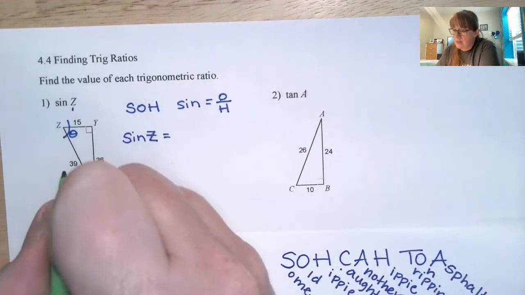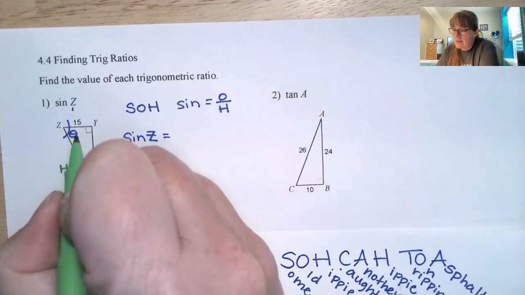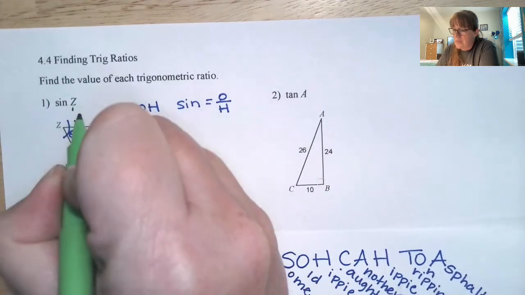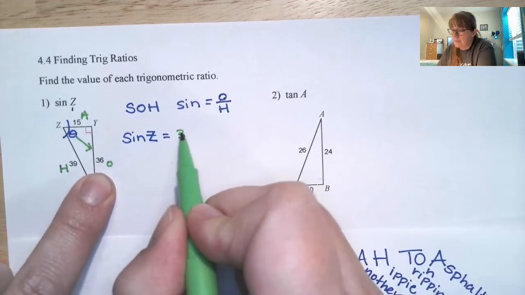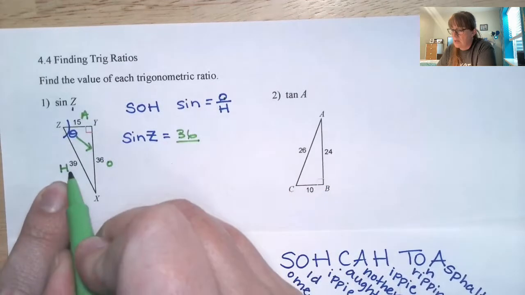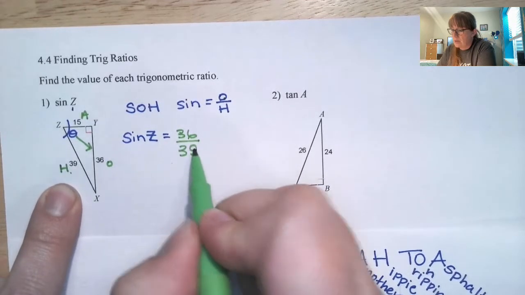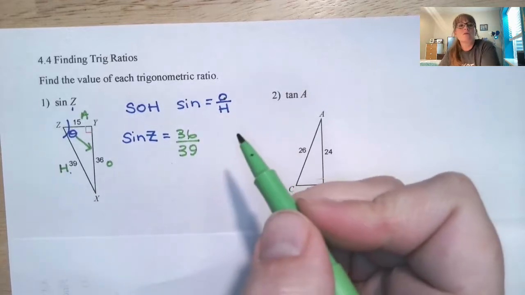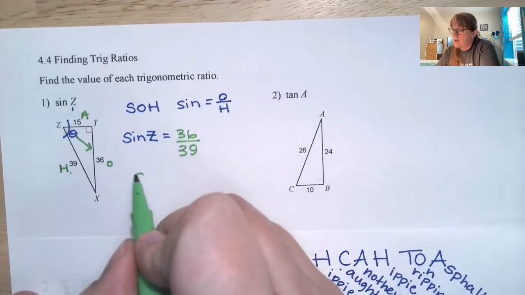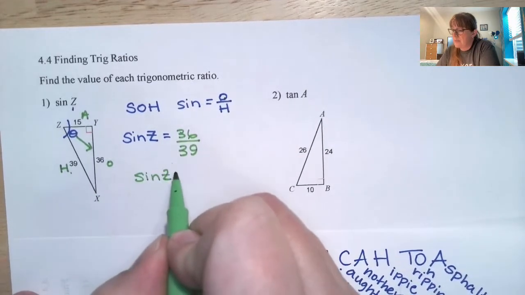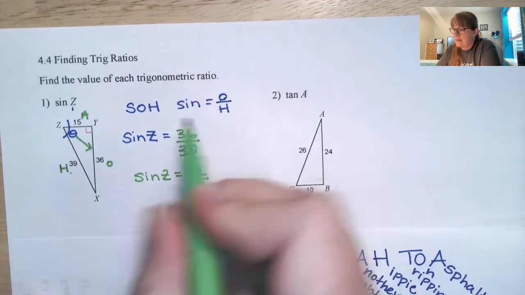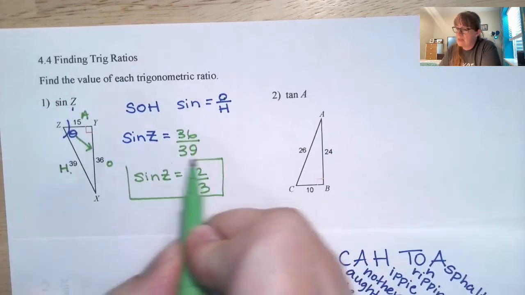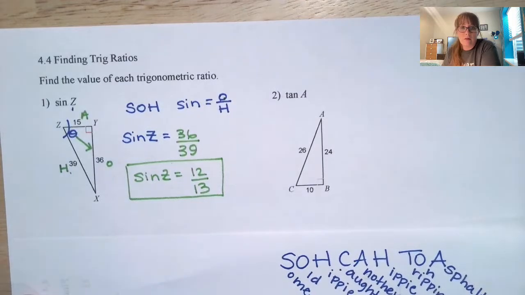It takes 2 seconds. We know that this is my H. This is the angle I'm talking about. This is my O. This is my A. I need O. Well, that's 36. I need H. Well, H is 39. Okay, if you can reduce, 3 is divisible by both of those guys. So we can say sine Z equals, 3 goes into both of those, 12 and 13. And that's it. Sine Z equals 12/13.